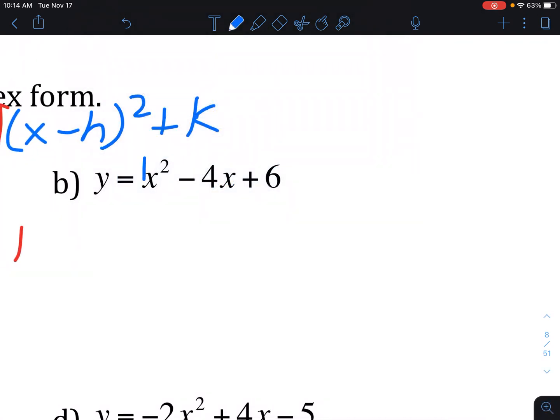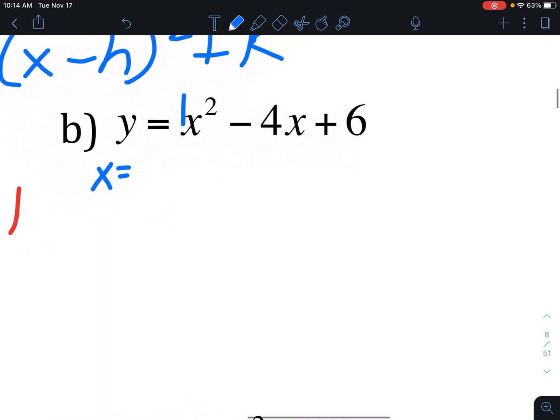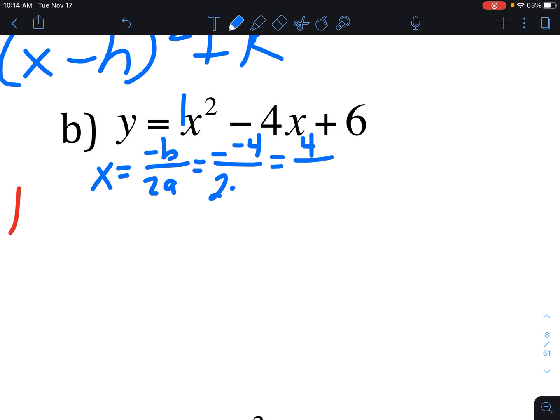In this guy, a is 1. So let's get our x coordinate. So that'll be the opposite of negative 4, negative from the formula, and b is negative 4, which will change to a positive. And then 2 times the a is 1, so multiply on the bottom, then divide. So that is going to be my h in my formula.